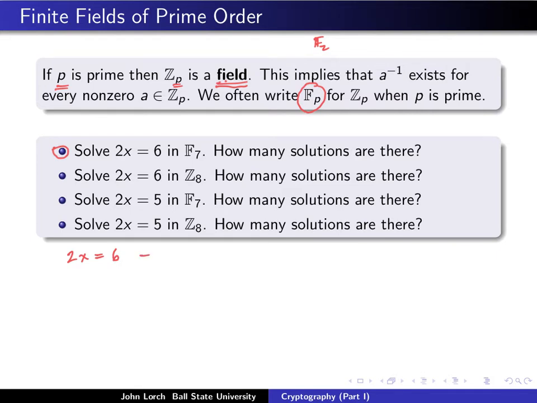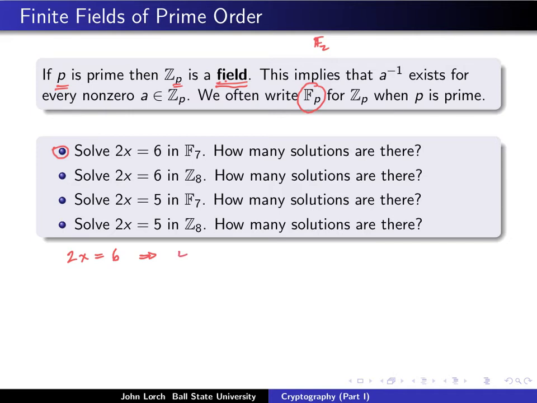Okay, now how do we solve that? Well, what we could do maybe is multiply both sides of this equation on the left by the multiplicative inverse of 2. So in F7, the multiplicative inverse of 2 is 4, right?